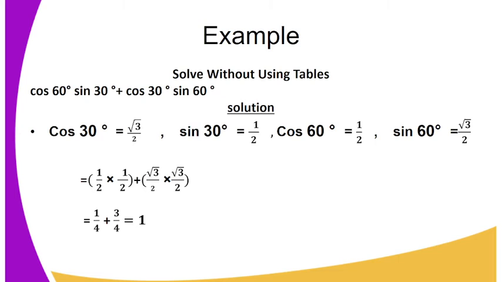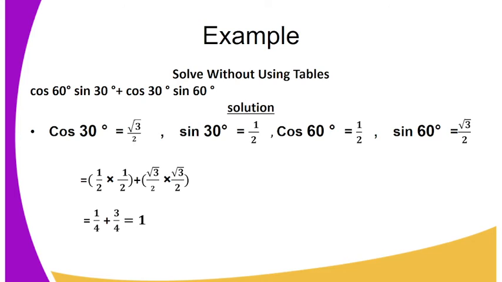Good. Plus cos 30. What is our cos 30? I know you know. Good. It's root 3 over 2. You are right. And what is sin 60? It's also root 3 over 2. So you multiply cos 30 times sin 60, which is root 3 over 2 times root 3 over 2. So root 3 times root 3, we said when you multiply a root of a number times the root of that number, you get the number.